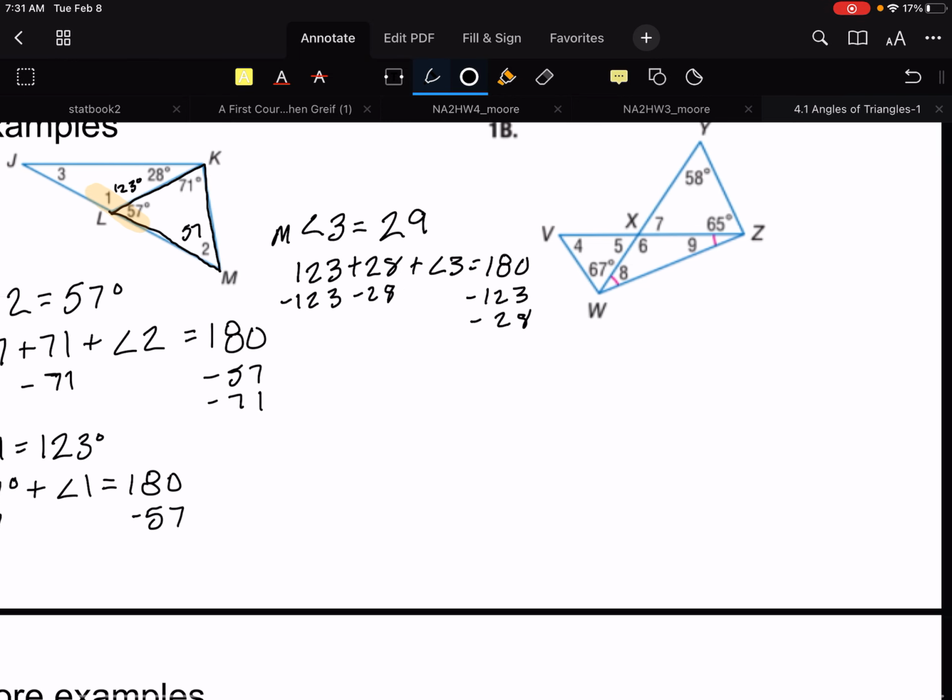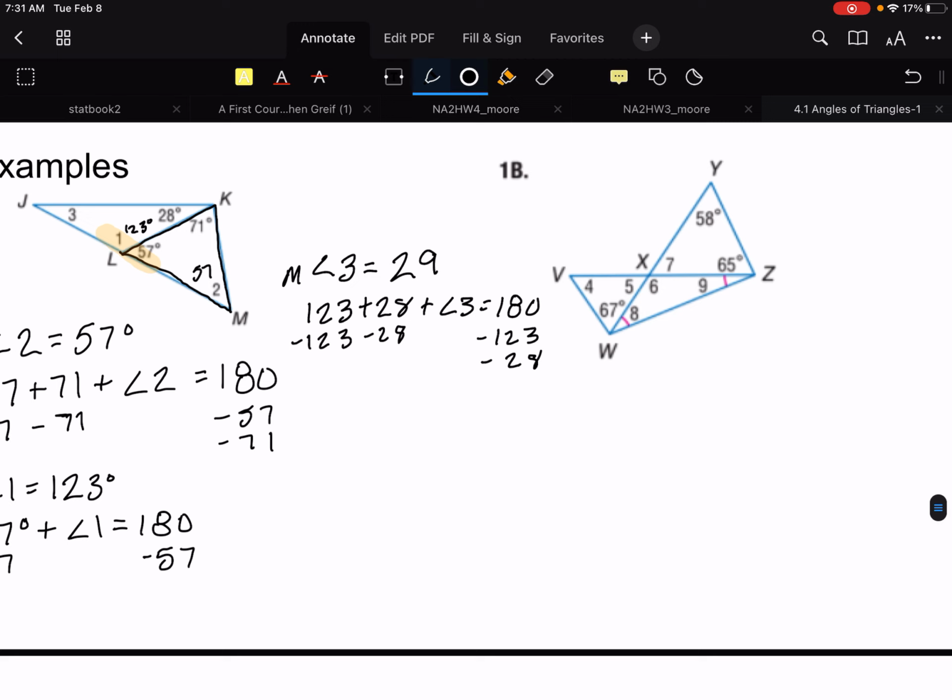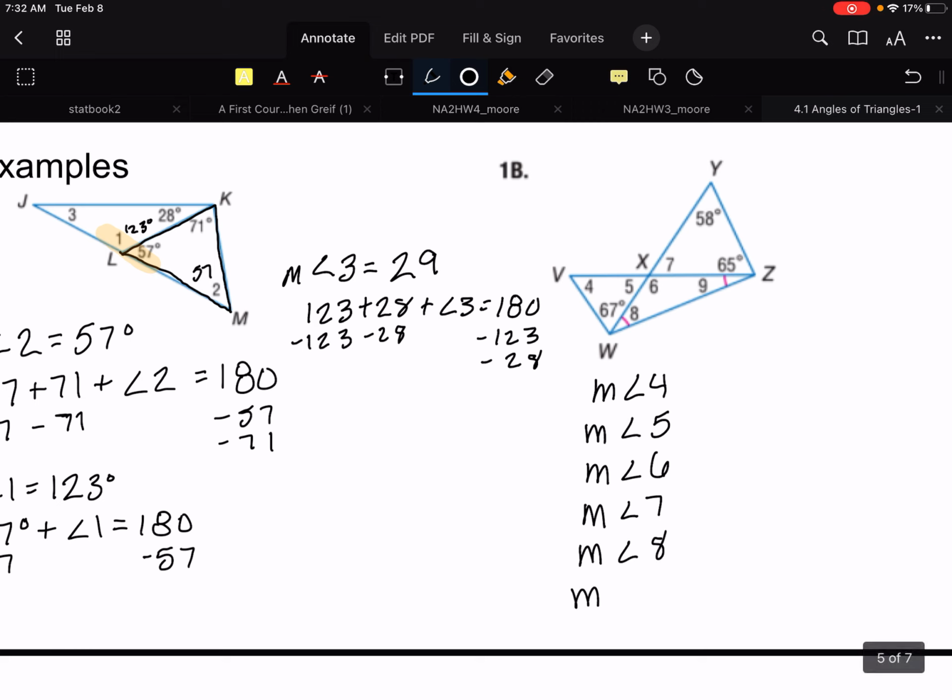So I am not going to go over this one. I'm going to actually leave this one for you to try, and I'll put in the boxes on Edpuzzle for you to see if you can get them right. So you're finding in this one the measure of angle 4, angle 5, angle 6, angle 7, angle 8, and angle 9.